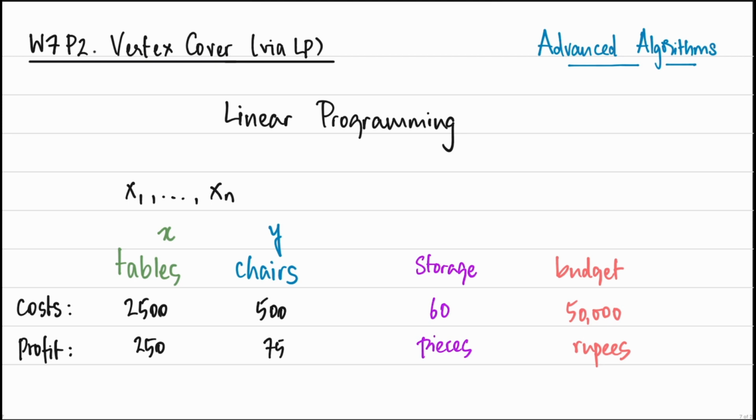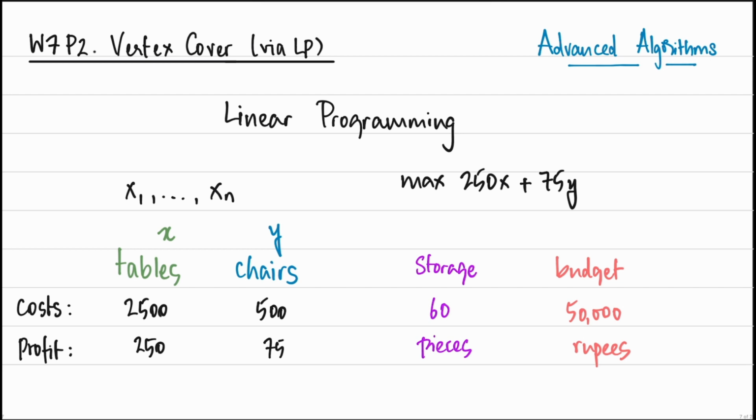So we want to maximize 250X plus 75Y, because that's the profit that we are going to get when we manage to sell X tables and Y chairs. We're going to assume that we are a really good dealership and we manage to sell everything that we buy. So this is an estimate of our total profit.